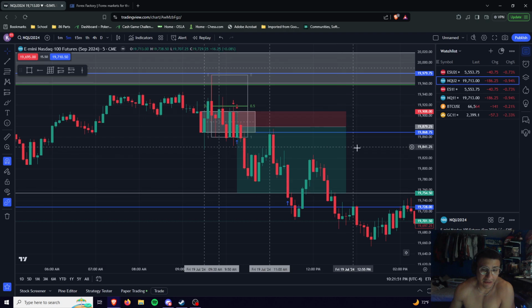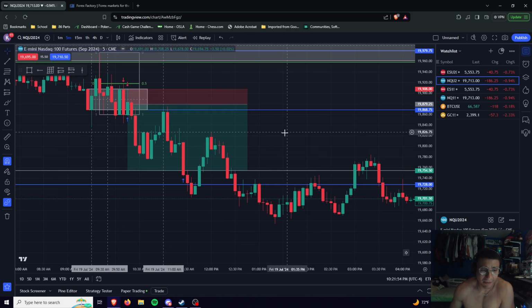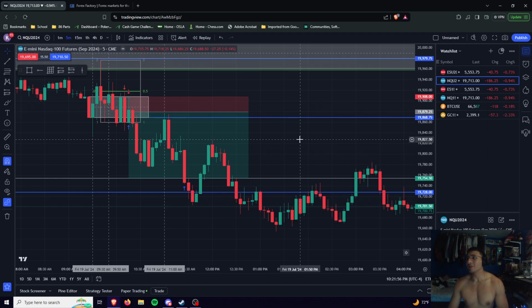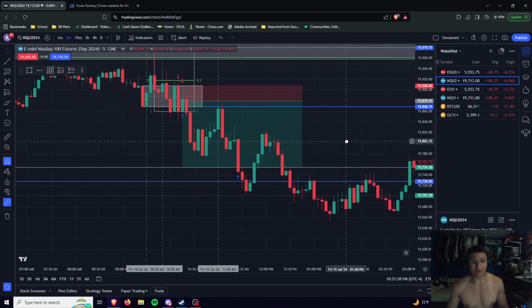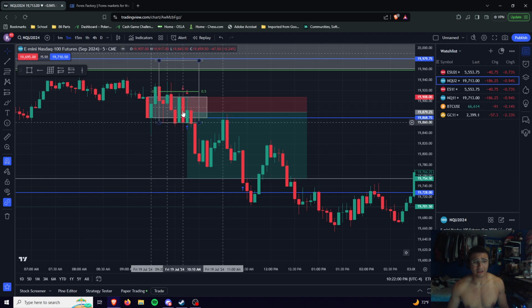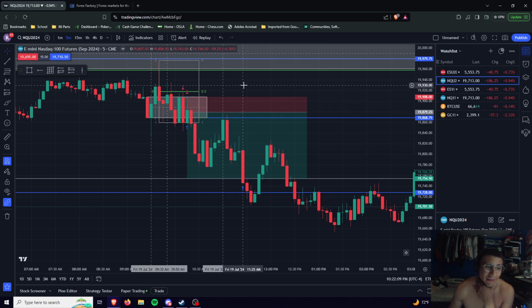Really solid day. I think this is my biggest trading day since I've started journaling my trades and everything, which is really really cool. Even though I lost this, it was like $600 here that was an L trade. Still had the right idea. I just think that my stop loss probably could have been more aligned with equilibrium maybe.